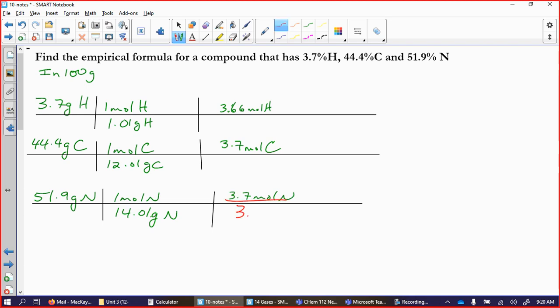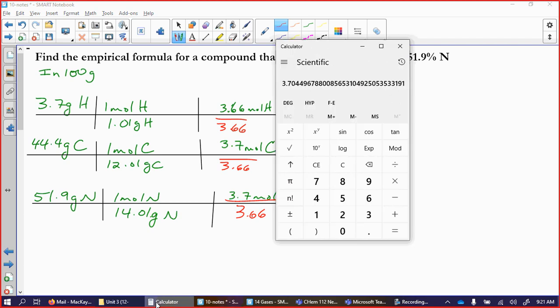Well, we have 1 hydrogen. 3.7 divided by 3.66. 3.7 divided by 1.01.